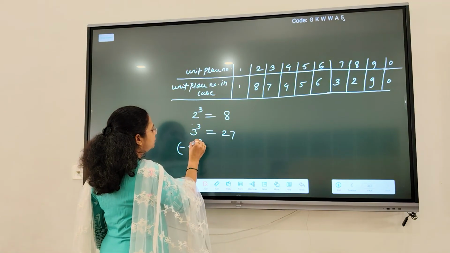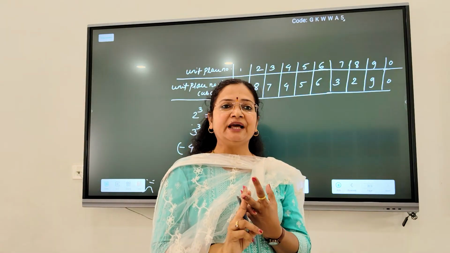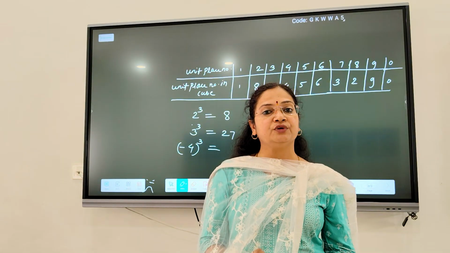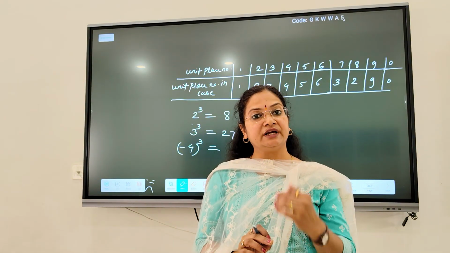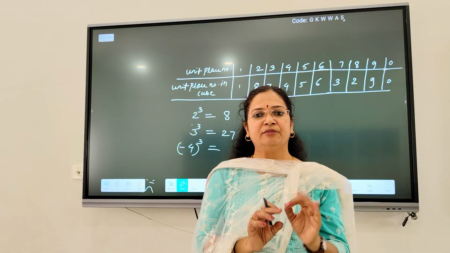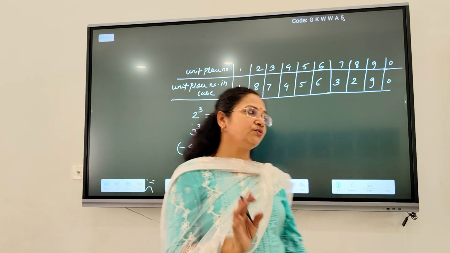Cube of a negative number. Now if we multiply a negative number an even number of times, we will get a positive answer. If the negative sign is multiplied an odd number of times, the answer is negative.